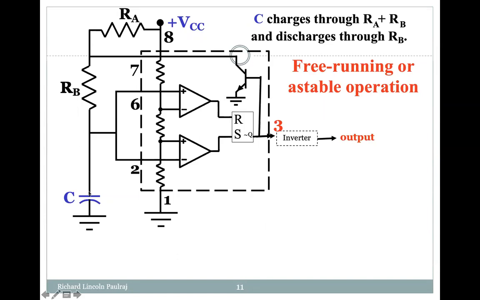This capacitor, as I was mentioning, is getting charged via RA and RB because it is connected to VCC. The potential comes in, gets into RA, RB, and finally the capacitor charges. So this is also called free running or astable operation, because we do not need any kind of external trigger.